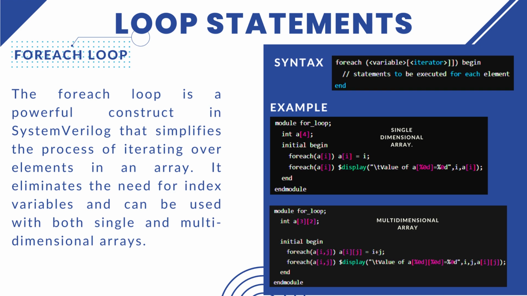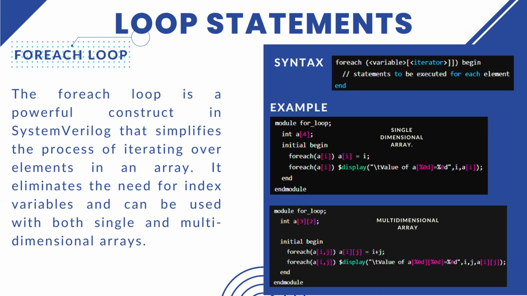Next, let's look at an example of a multidimensional array. In this example, we create an array A with 3 rows and 2 columns and use the foreach loop to iterate over each element. In this foreach loop, we use the variable A[i][j] to reference each element of the multidimensional array, where i and j are the loop variables.